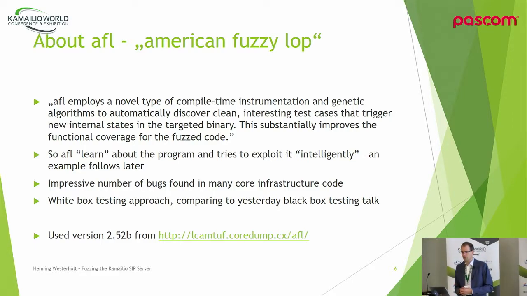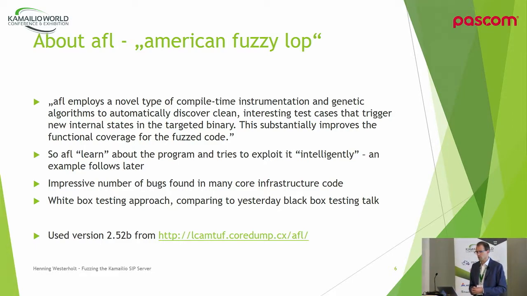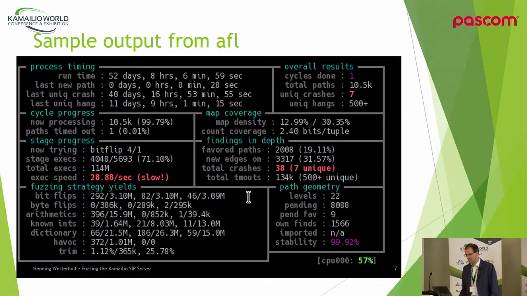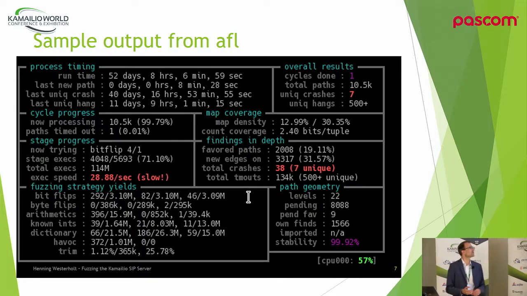I used version 2.52b. This is the latest version available, but it should work also with other versions. In the end, you need to download it and compile it locally because you need to compile Kamailio with it, so it makes no sense to use a package from Debian or whatsoever. It's also not complicated. It has a really nice, fancy, retro-style user interface.